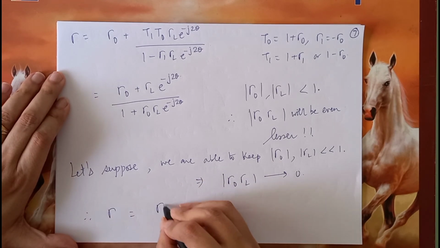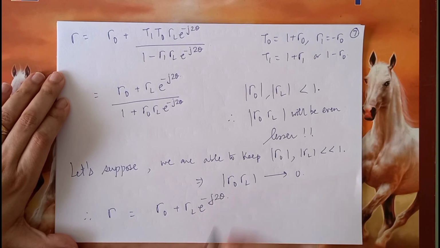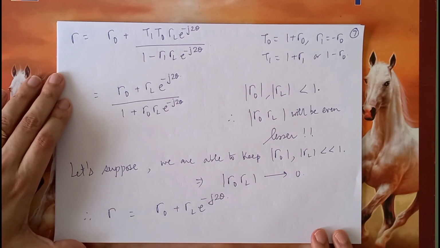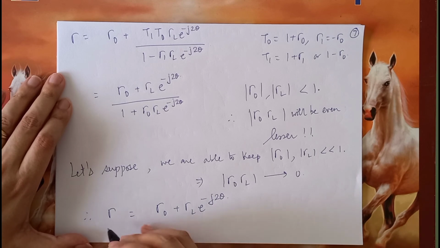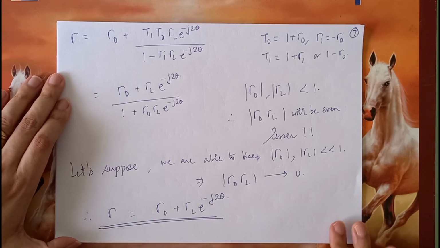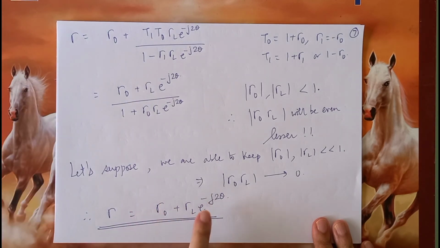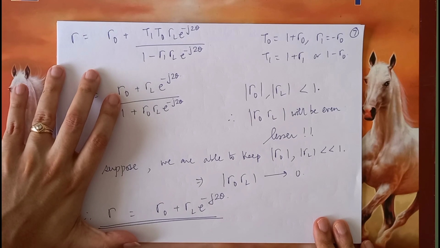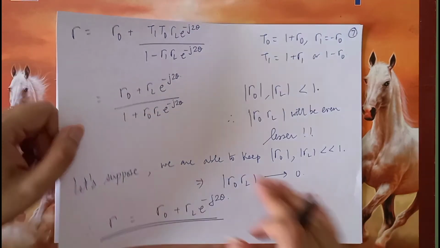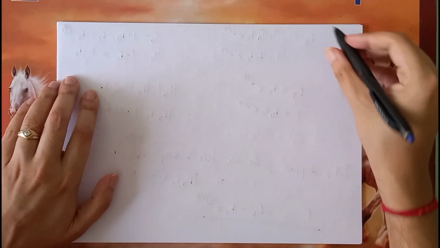Gamma will become gamma 0 plus gamma L e raised to minus j2 theta. So this is something we have to introspect. This is certainly a lot easier. There is no denominator. It just seems to be a sum of two complex numbers. But let us try to understand what this means.